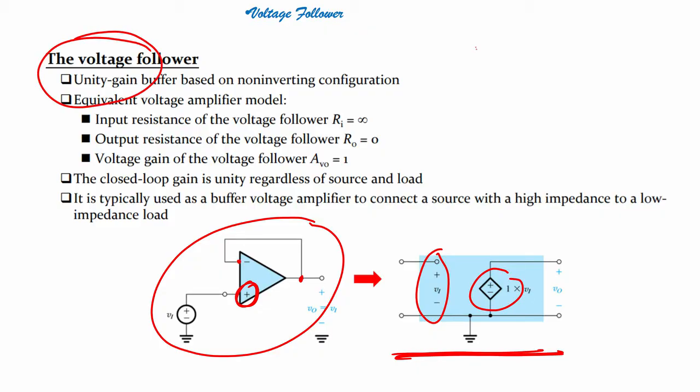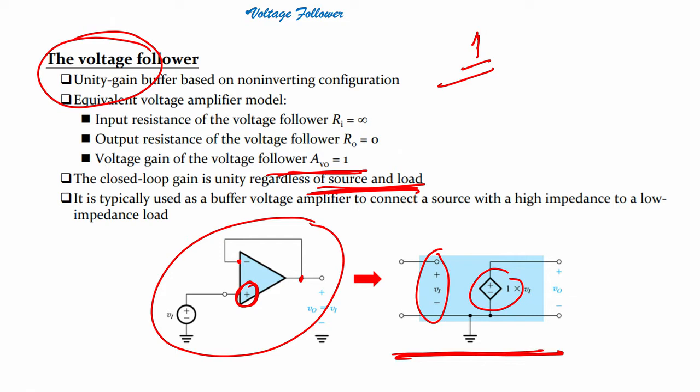Unity gain means the gain is 1, so we have AVO, the voltage gain, equal to 1. The closed loop gain is unity regardless of source or load. So this is our unity gain amplifier.